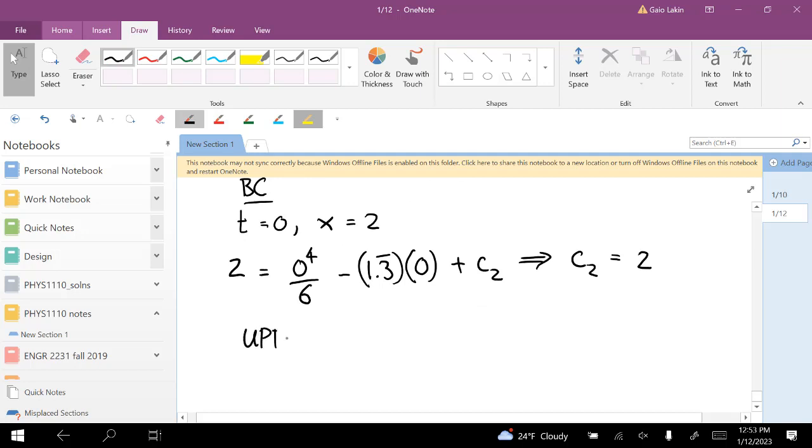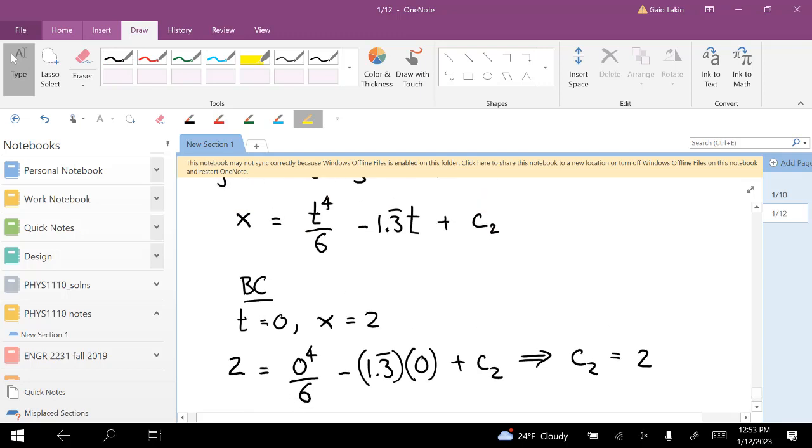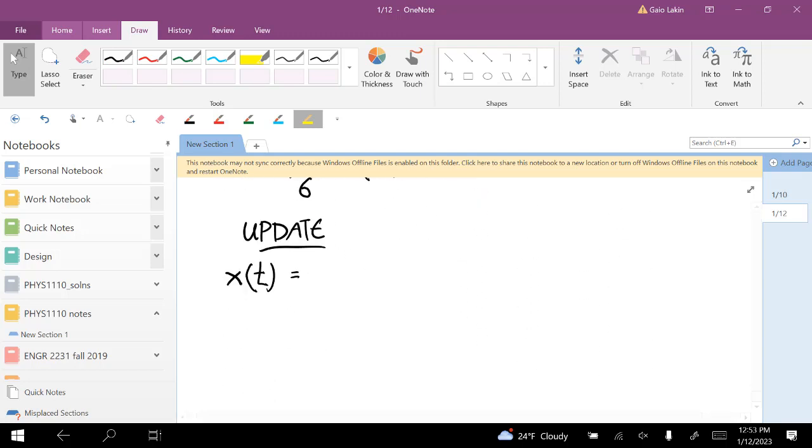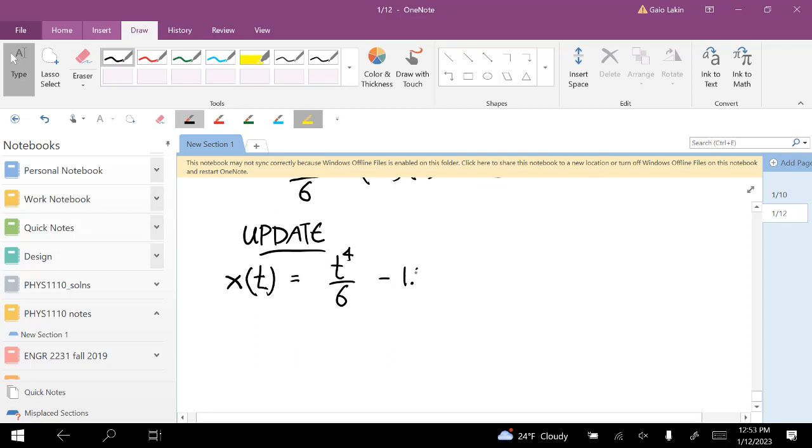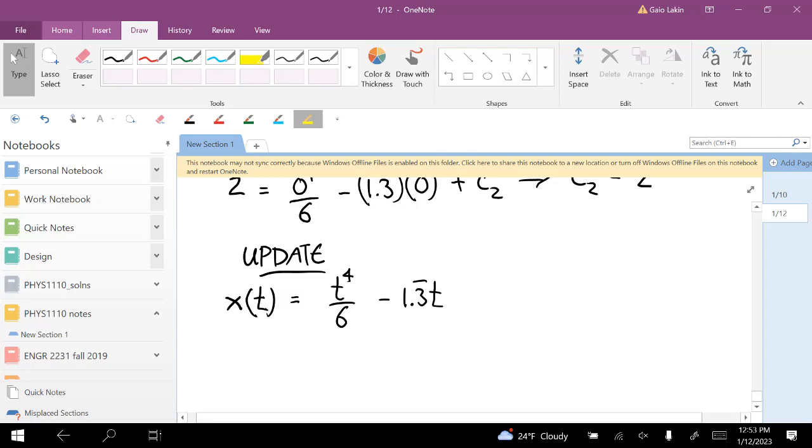And now we just have to update our expression one more time. And we have x as a function of t is t to the 4th over 6 minus 1.3 repeating times t plus 2.